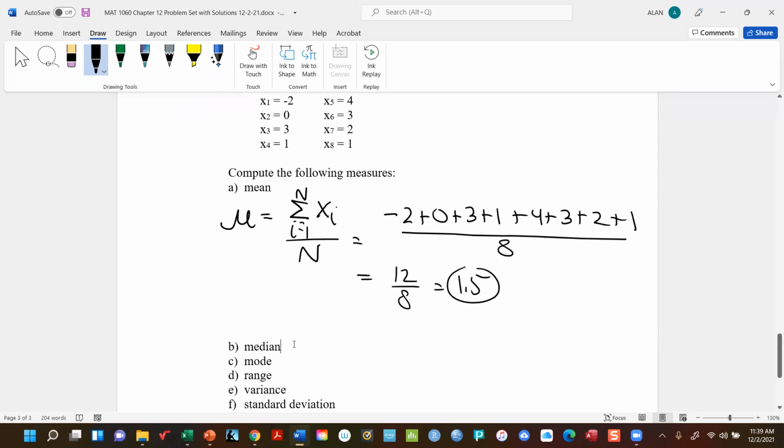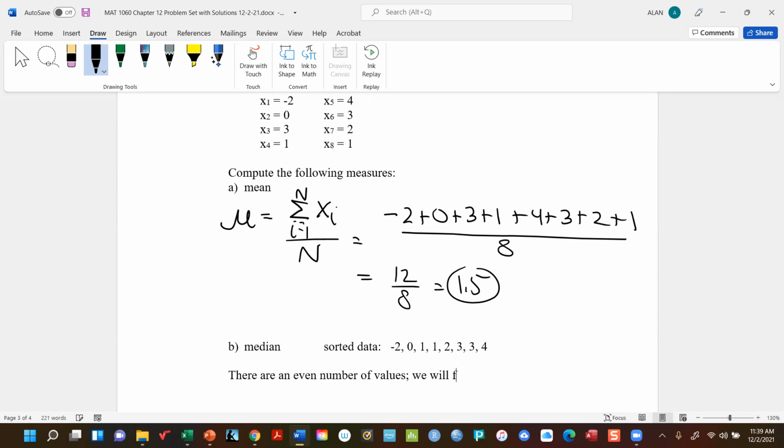All right, now for the median, we need the sorted data. And that's -2, 0, 1, 1, 2, 3, 3, and 4. Now, once again, there are an even number of values.